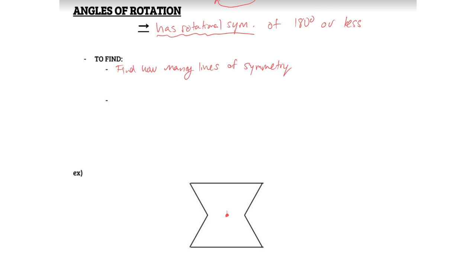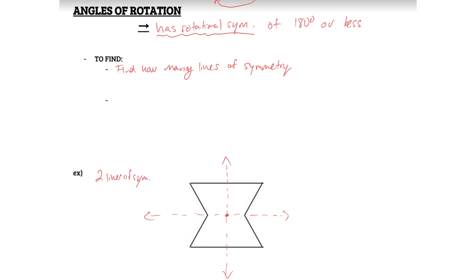If we can cut it vertically, and we can also cut it horizontally, we will get a reflection over those lines. So we found there are 2 lines of symmetry.